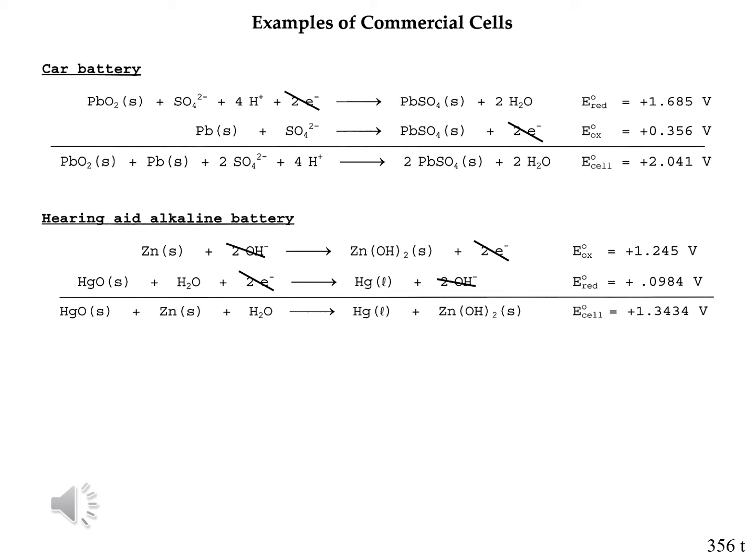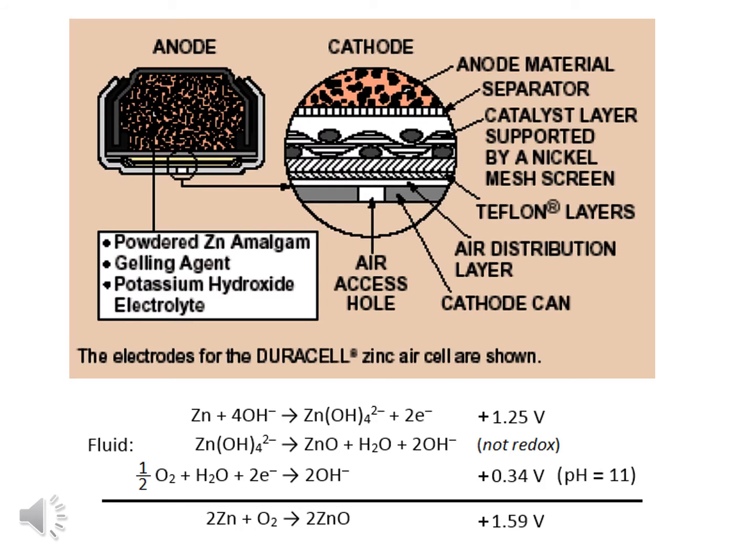Alkaline batteries are usually stronger than the other types, like Duracell and Eveready. They're called that because they're based on basic reactions, which is a synonym for alkaline.